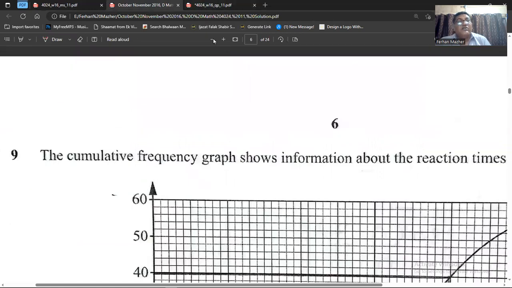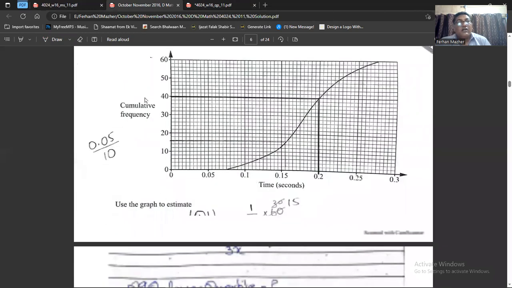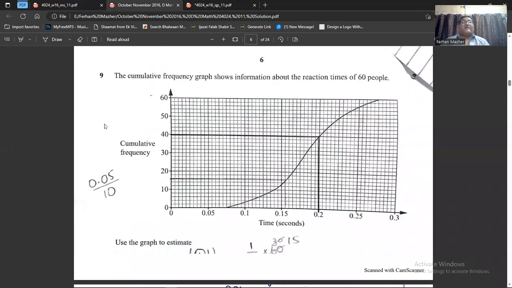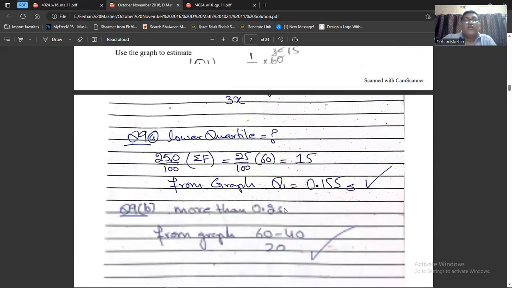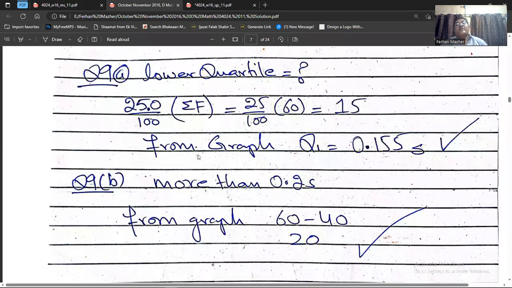So I will look for 15. 15 is here on the y-axis. From here, I will go to the graph, and where it cuts the graph, below that point I will check what the value is. This value is 0.155.